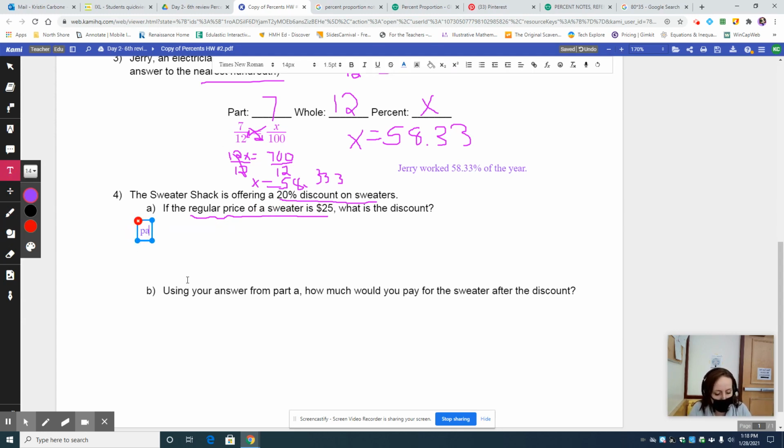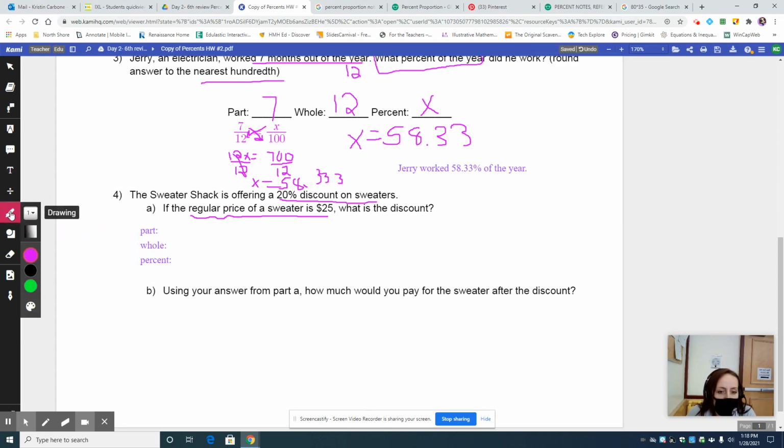You should get in the habit of doing part whole percent. That way we can identify the different parts. So in this case, they want to know what is the discount. Well, the discount would be the amount of money you're saving or the part of the money you're saving. Do we know that yet? We sure don't. So the part would be X.